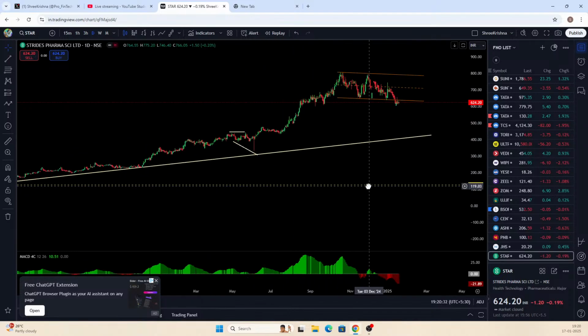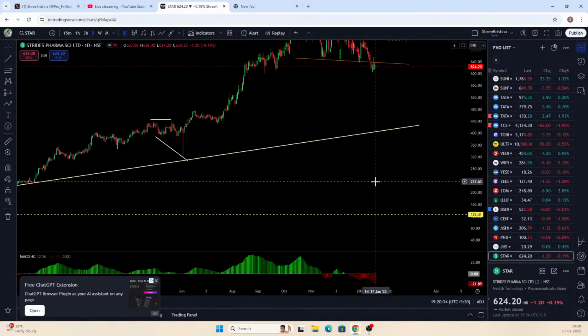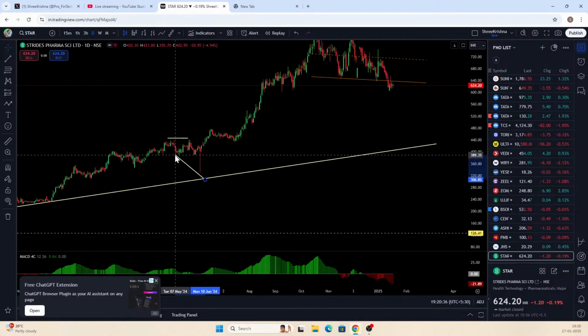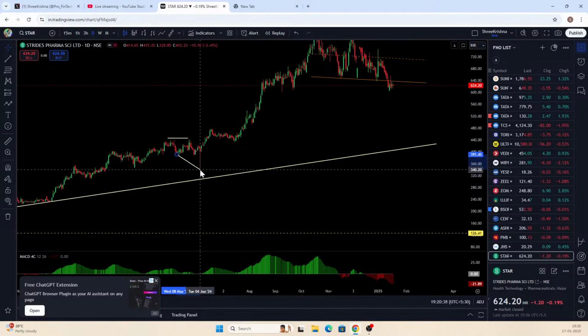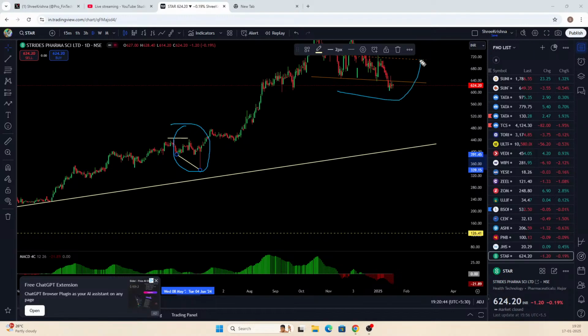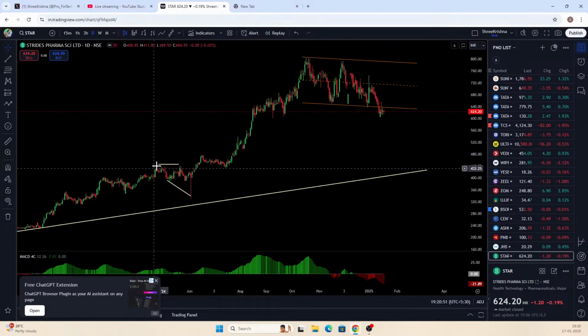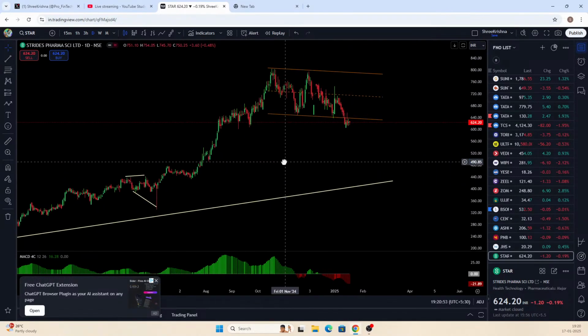Will it repeat? Now the question is, will this pattern be repeating here? The answer is 88% very likely. Now I will show you.